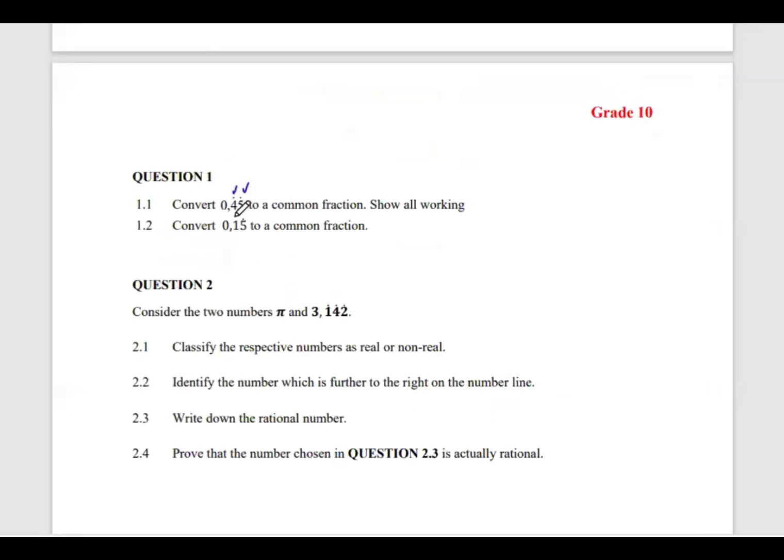All right, then we have this 1.2, where we have 0.15. It's only the 5 that is recurring. Let's see how we work out this. So 0.15, and the 5 is recurring.